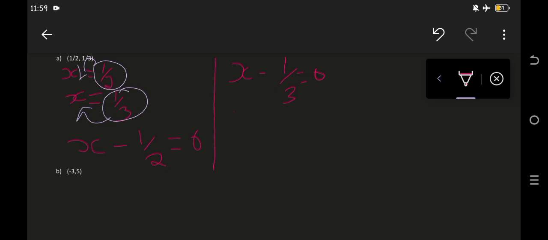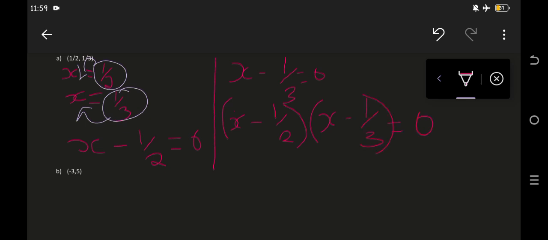So we are going to multiply the two expressions, that is x minus 1 over 2 by x minus 1 over 3 is equal to 0.